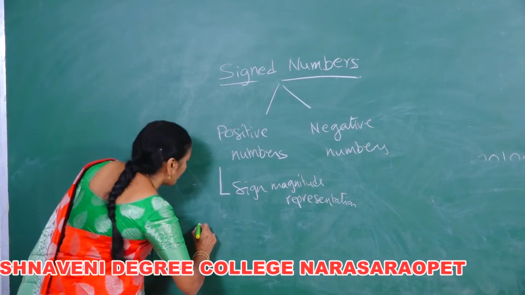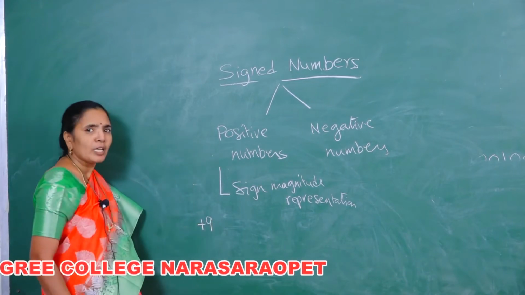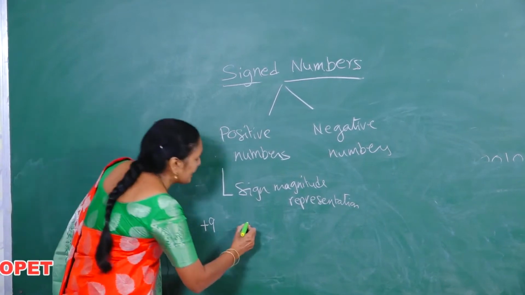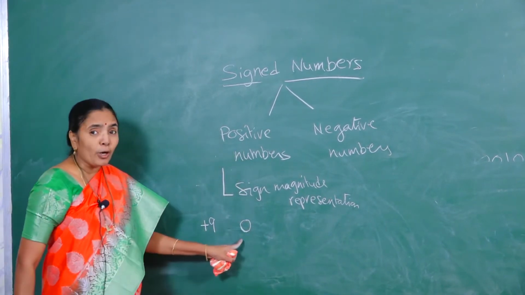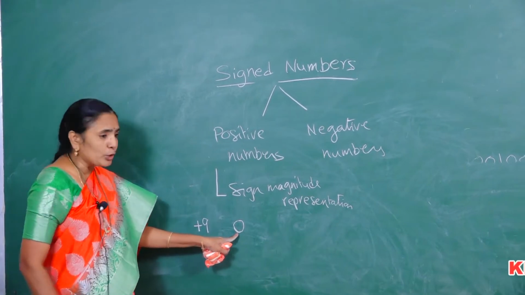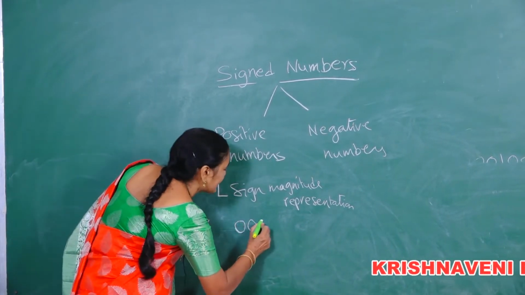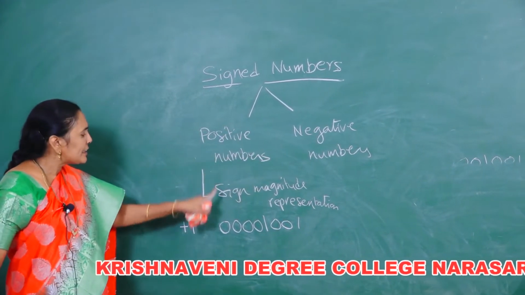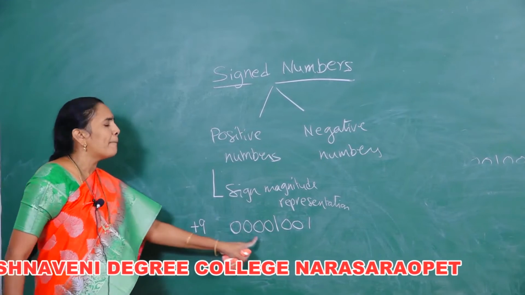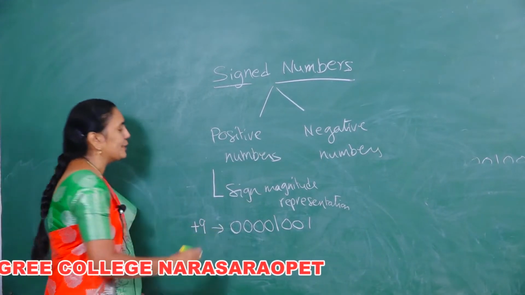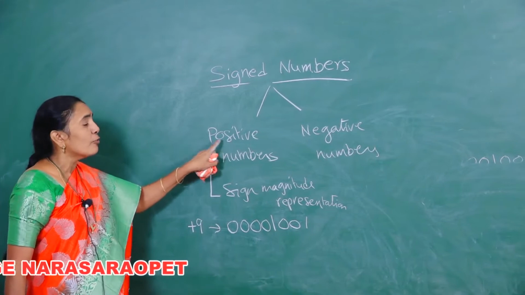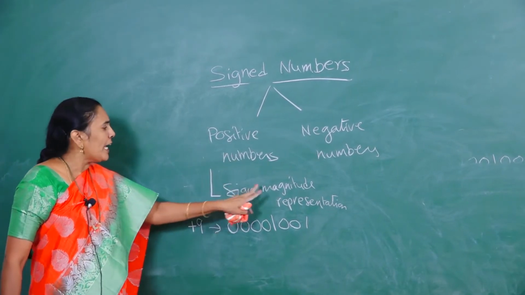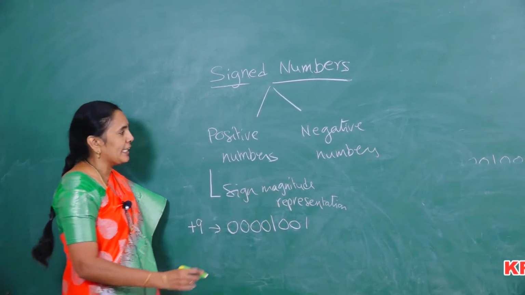So, when I want to represent plus 9 in an 8-bit number, as the sign is plus, the leftmost bit is written as 0 to indicate that the value is positive, and the remaining 7 bits follow. So, this is the representation of plus 9 in sign magnitude. The positive numbers will not have any other representation. It has only sign magnitude representation.